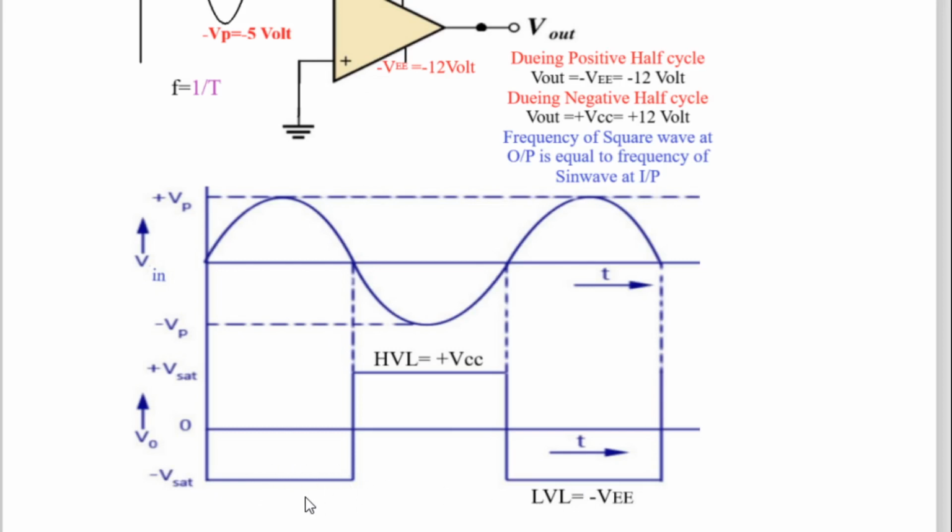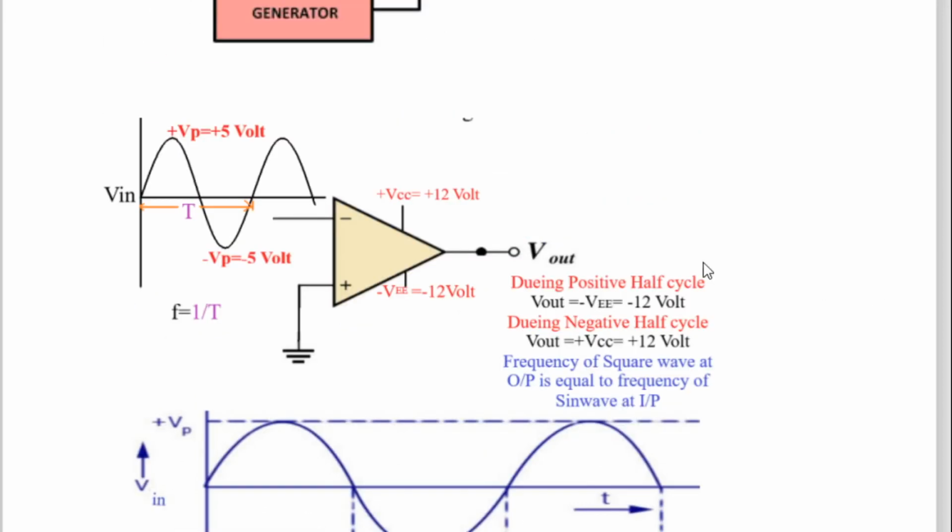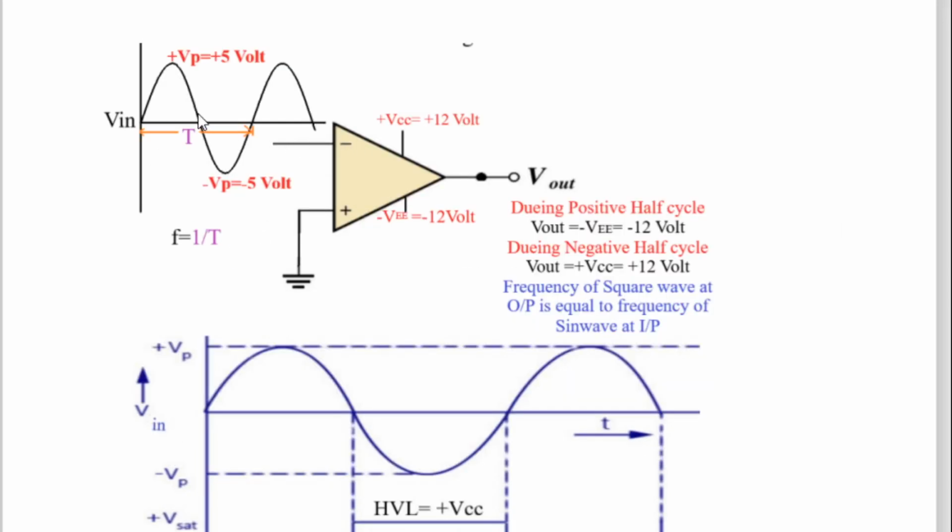Then during the negative half cycle, what happens? During the negative half cycle, the voltage at the inverting terminal goes to minus 1, minus 2, minus 3, minus 5, and then again it comes to 0. Therefore, the 0 volt at the non-inverting terminal becomes positive as compared to all those negative values.